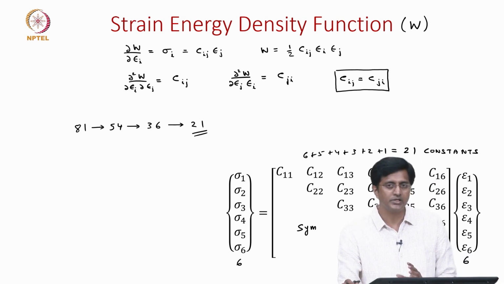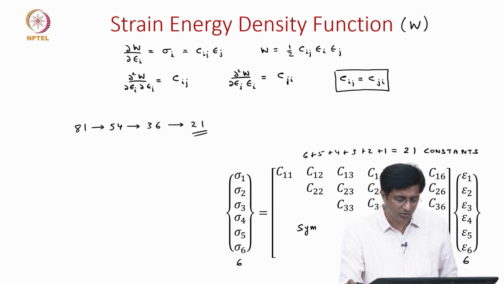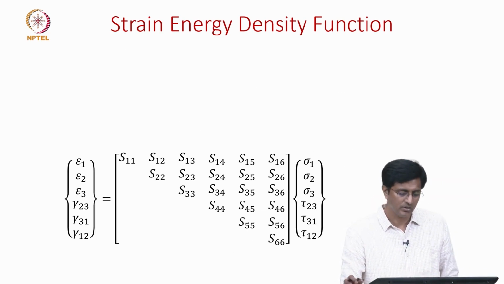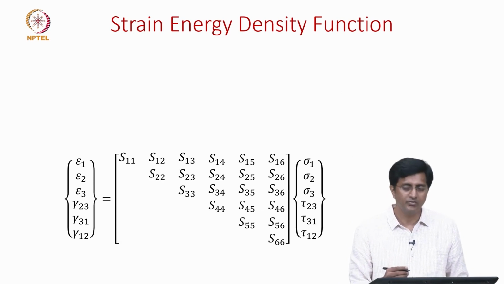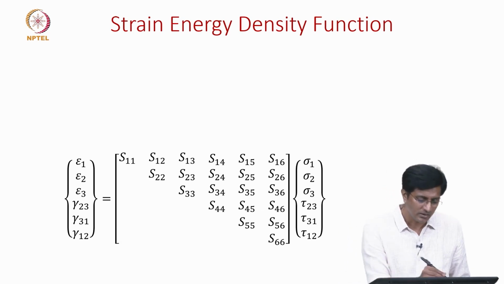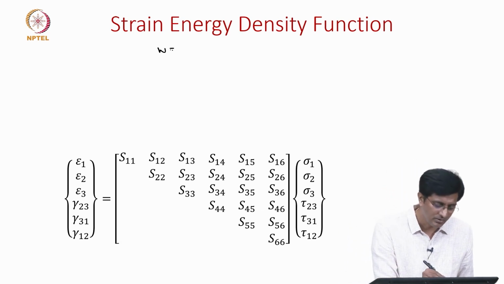Here we have shown it for a stiffness matrix, but the same arguments are also true for the compliance matrix, where there too you can write the strain energy density function in terms of the stresses.